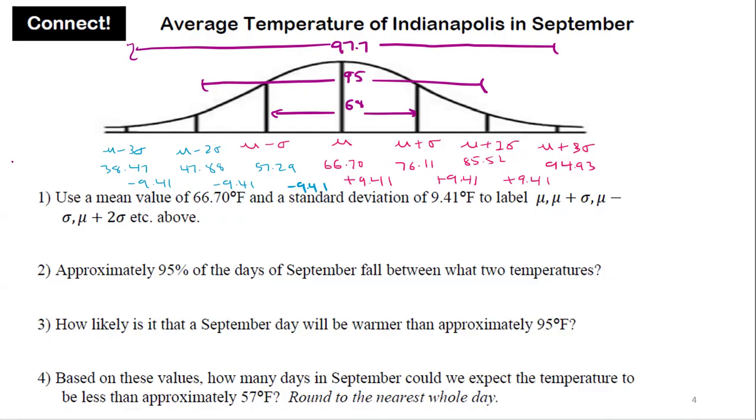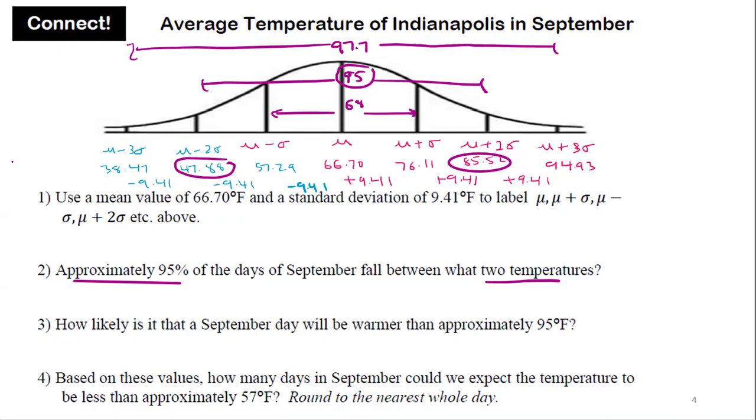For example, it says approximately 95% of the days of September fall between what two temperatures? Well, I already wrote down 95%, right? Here's 95%. And what two temperatures lie between 95%? Well, that's going to be 47.88 and 85.52.